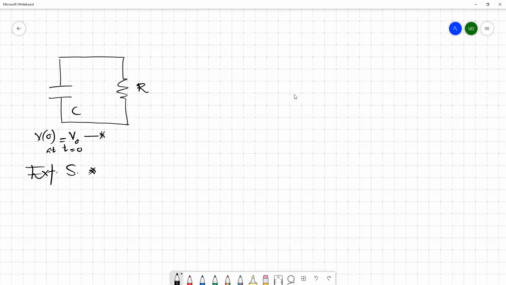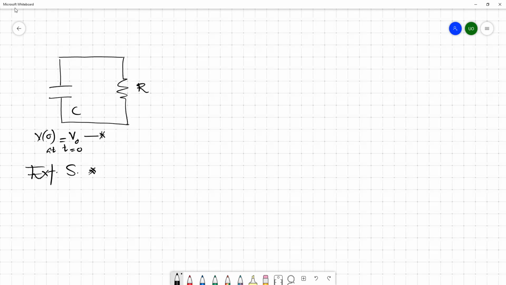So the difference here is, like in the conventional circuit, we don't have any external sources there. So basically the required power comes from the charged capacitor.